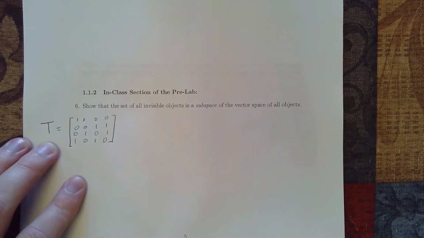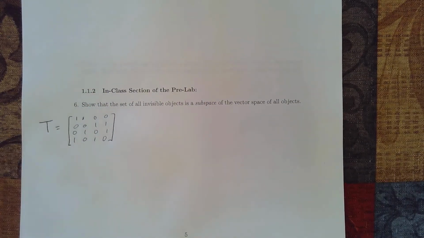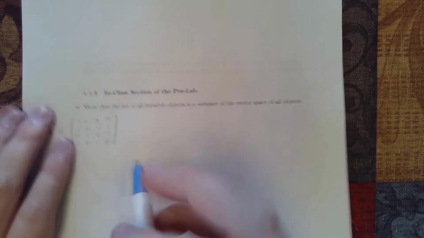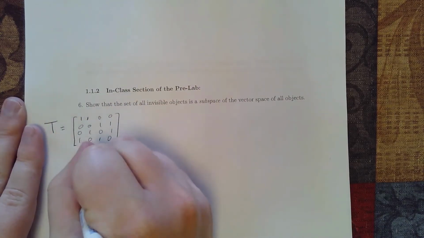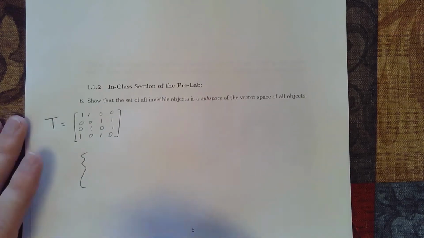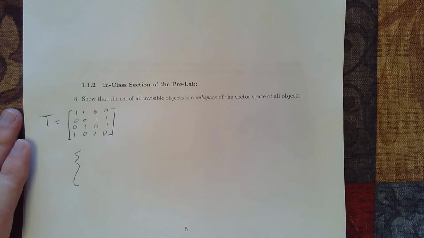This question says, show that the set of all invisible objects is a subspace of the vector space of all objects. There will be a formal name for this set coming up in this week's lectures, but for now we're just going to play around with it.